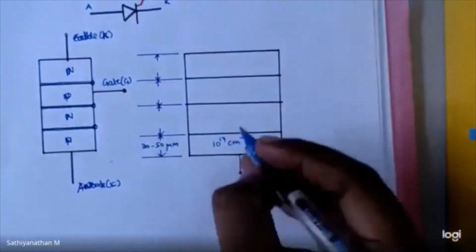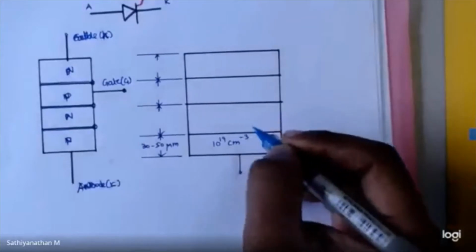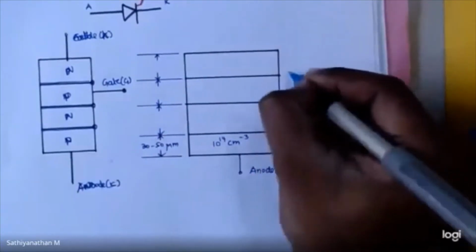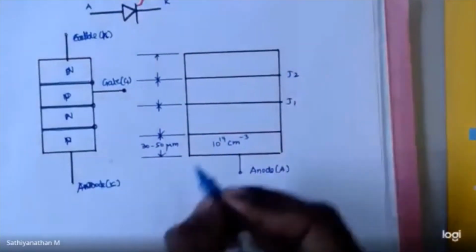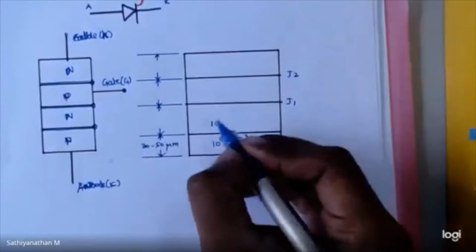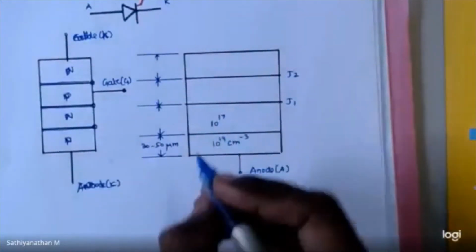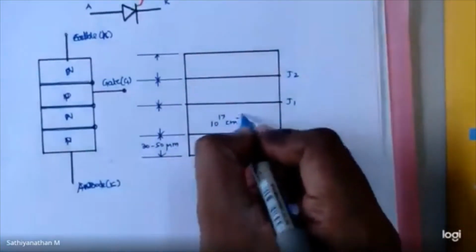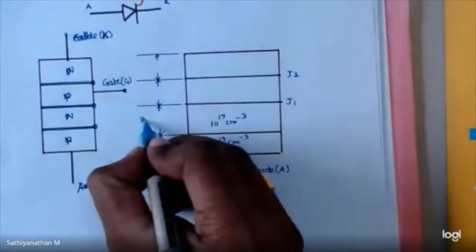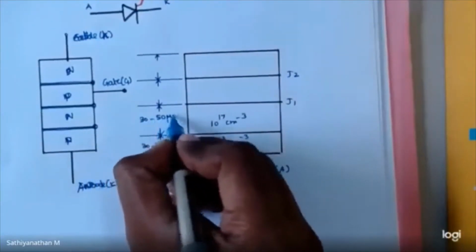And similarly, you have the first layer which forms a junction J1 and J2, right? So this layer has one more P layer with a concentration of 10 power 17 centimeter minus 3. And the thickness of this layer is again 30 to 50.